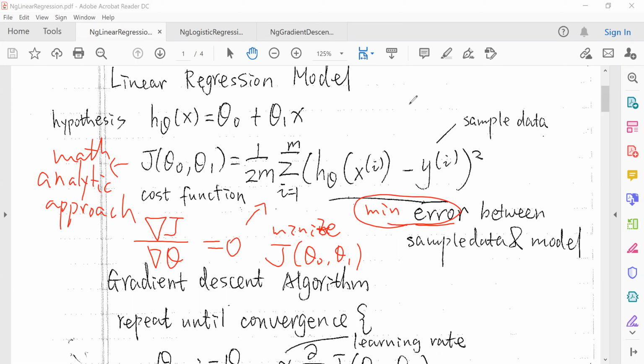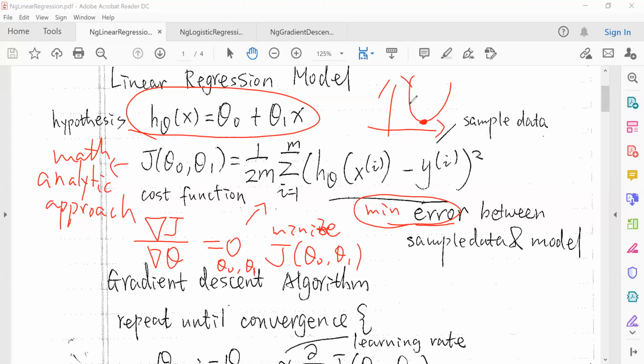Then you can find the corresponding theta 0, theta 1, and this hypothesis will give the minimum error. And so you will be able to find the bottom of the bowl shape of the convex. So that's pure analytic.